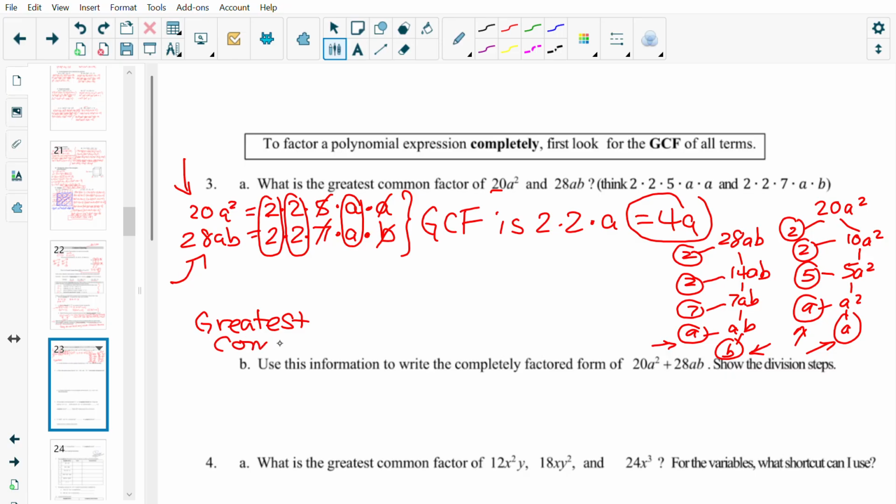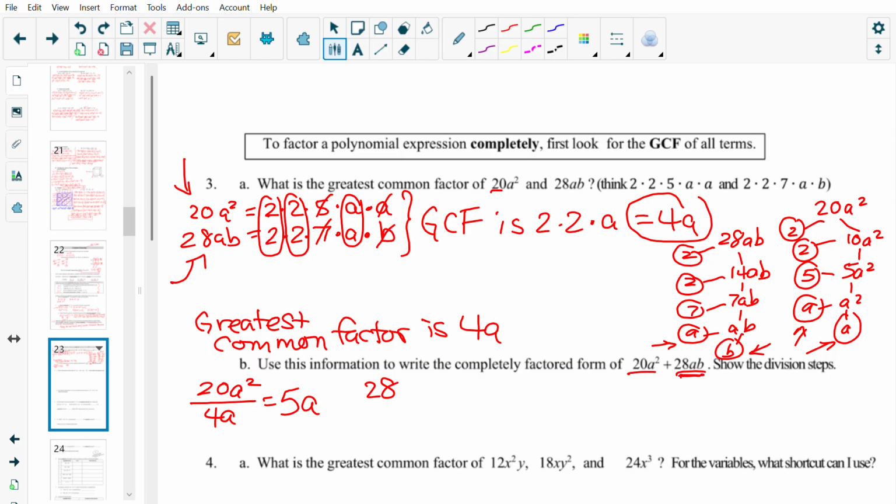If the greatest common factor is 4a, then I divide 20a squared by 4a. So I'm dividing out the factors. What's left? 20 divided by 4 is 5. A squared divided by a is a. Next one, the second term.